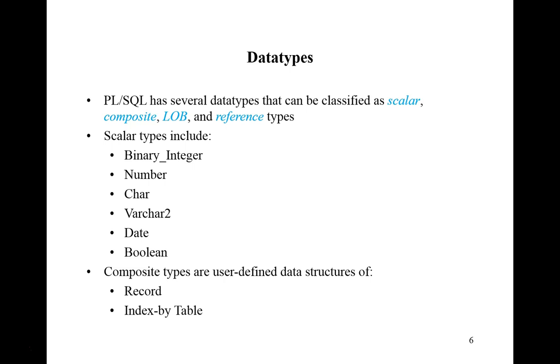This is not an exhaustive list of data types. The idea of the video is to introduce you to PL/SQL to get you up and running fairly quickly. So our list here is intended to show you some of the more commonly used types, allowing you to become immediately productive in writing PL/SQL code.